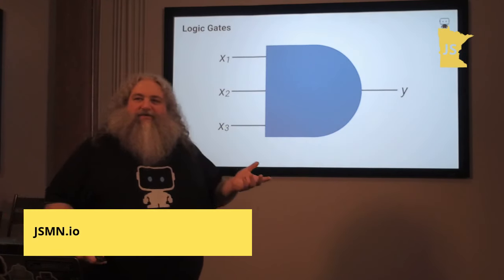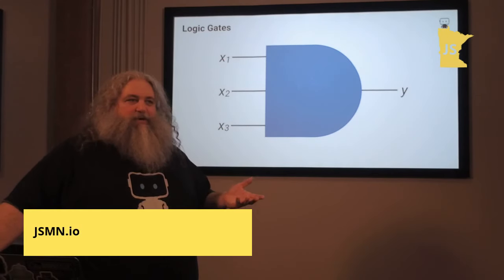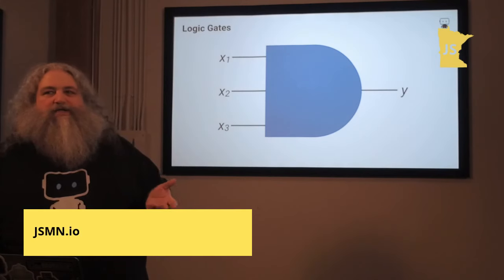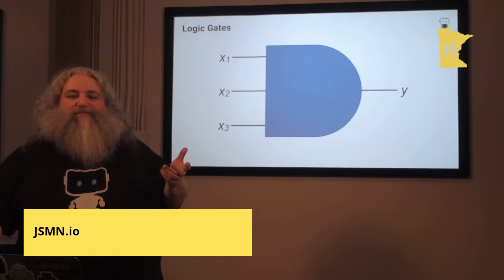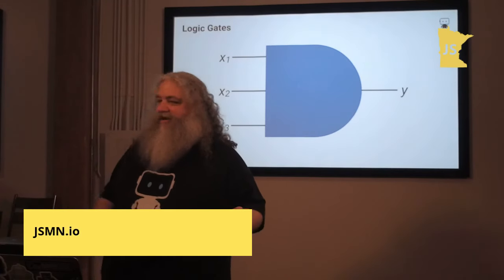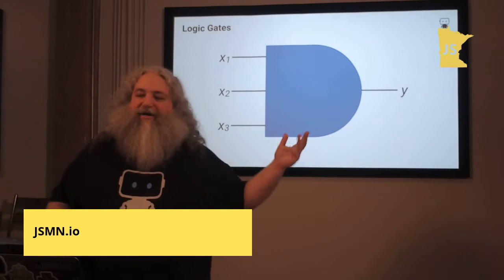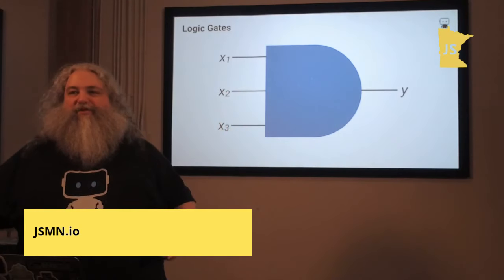I got this great analogy when I was doing the research for this talk that someone came up with, and I wish I could remember who it was because it was a really good idea. He compared logic neurons in a neural network to logic gates. So this is an AND gate, it takes 3 inputs, and it gives you an output. If all of them are 1, then it outputs a 1.